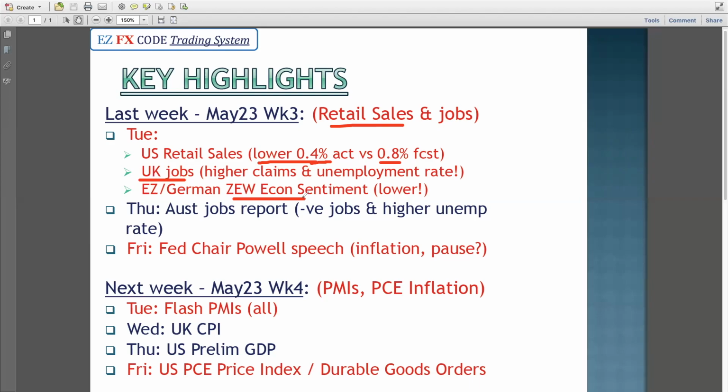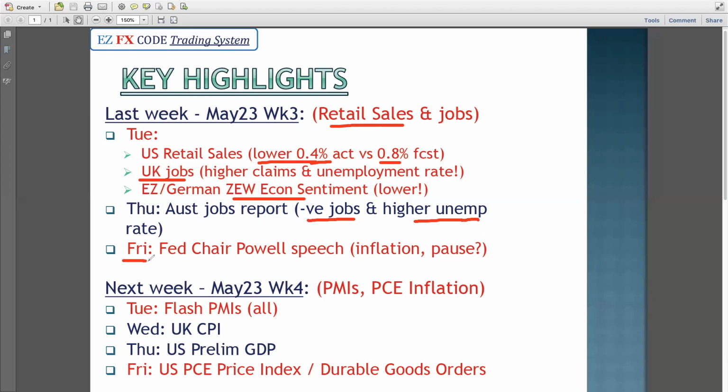Confidence is lower there as well. Then on Thursday, the jobs figures for Australia were not good either, with less jobs added, in fact negative jobs added, and a higher unemployment rate. So that did not help the Australian economy outlook.